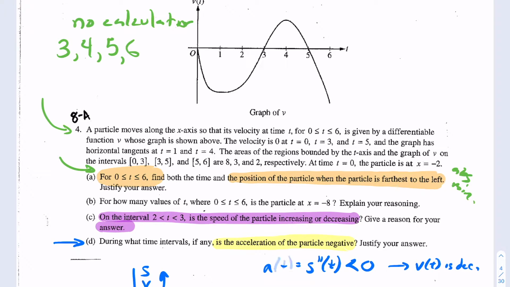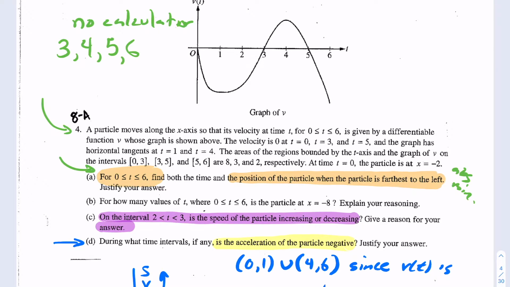So here's what you guys would write. And you want to practice this, okay? You're going to say from 0 to 1 and from 4 to 6 since v of t is decreasing. So they're asking you, where's the acceleration negative? Boom, right there, from 0 to 1, from 4 to 6, since v of t is decreasing.